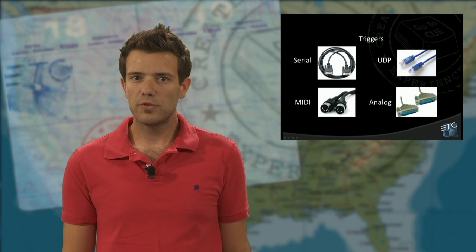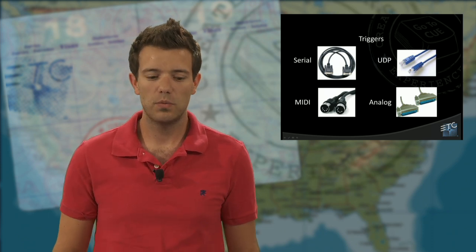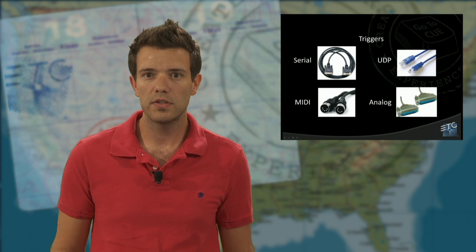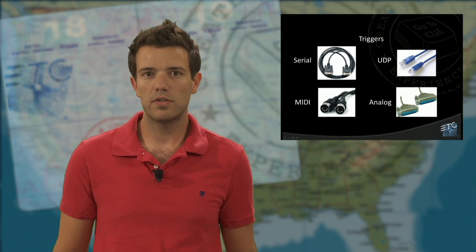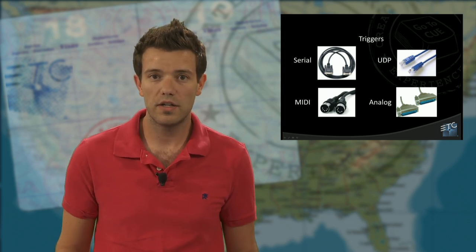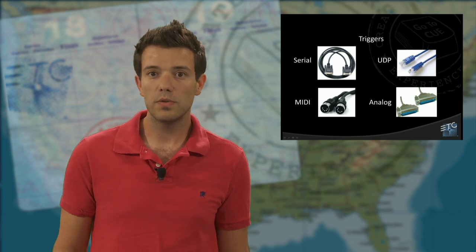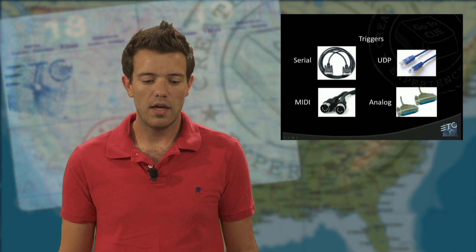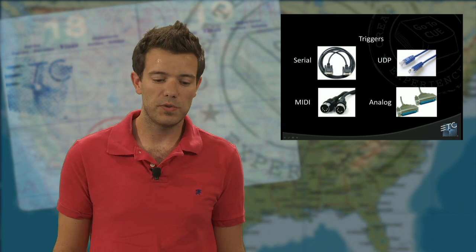The different types of triggers we're going to talk about today are serial triggers. These types of triggers are typically from maybe a Paradigm processor, our architectural controller, to an EOS, or maybe it was UDP, from an iPad to an EOS console.